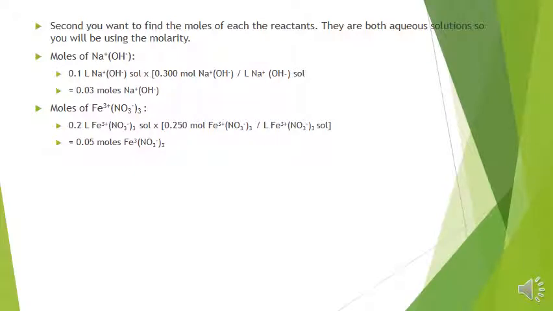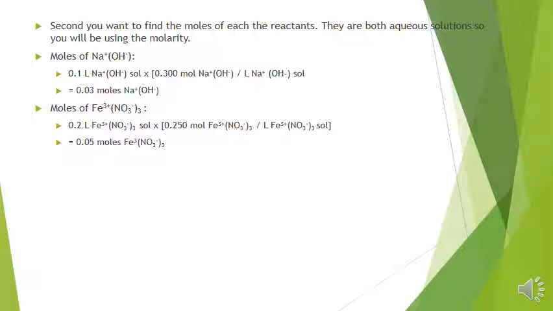Okay, so no matter what you do, you always need to find out how many moles of substance you have, because that's what the chemical equation is in. So depending on the state you have, you'll use different types of conversions. If you have a solid, you'll be using molar mass.